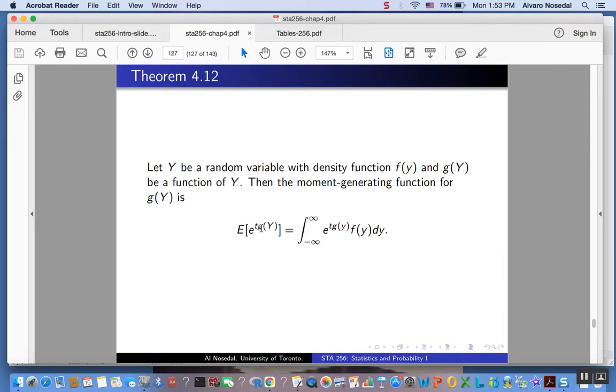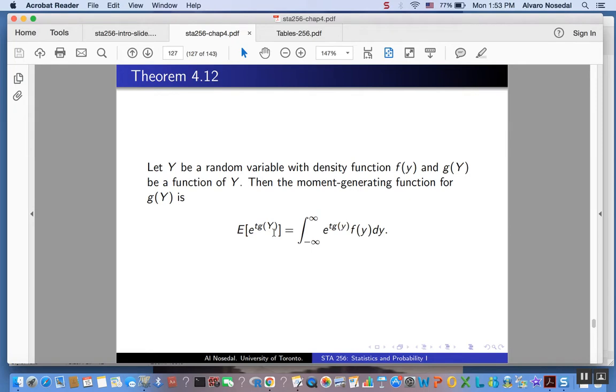All we have to do is slightly modify the definition of plain expected value of y, and in the case of a continuous random variable, it's the integral from negative infinity to infinity of your transformation times the PDF. So just take the integral, and instead of using y as you would for the plain expected value of y, you use the function that defines your transformation.